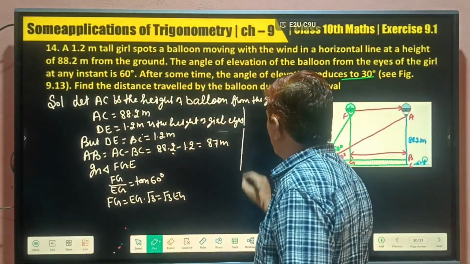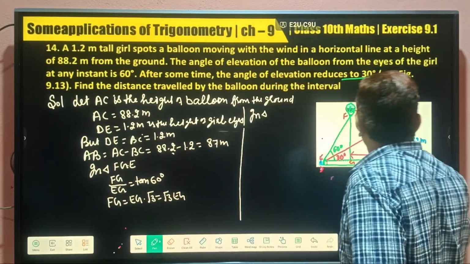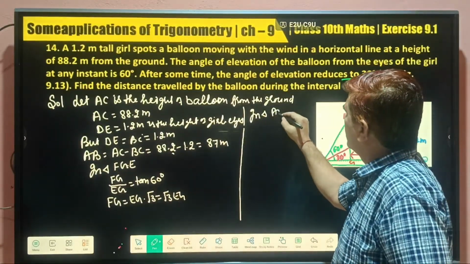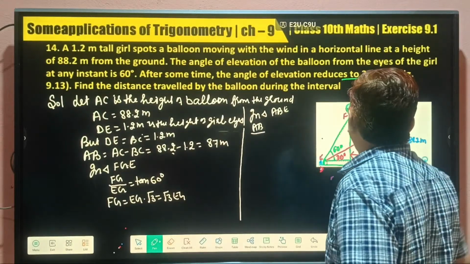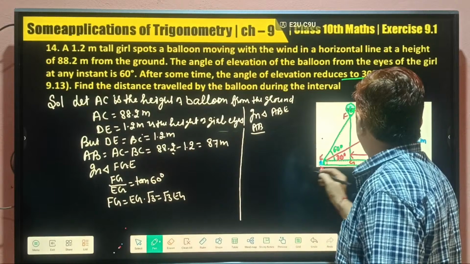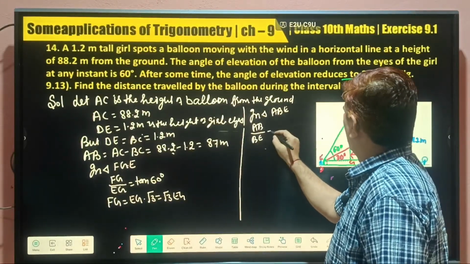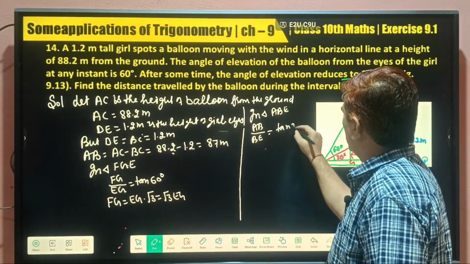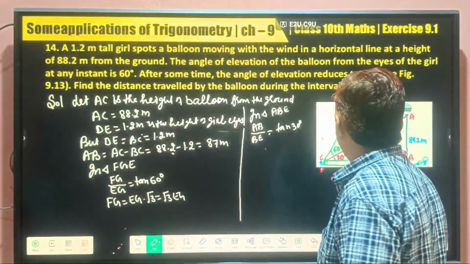Now, in triangle ABE, AB by BE is equal to tangent 30 degrees. Tangent 30 degrees is 1 by root 3.